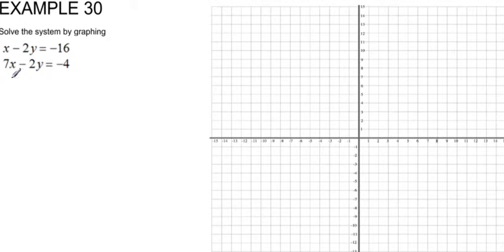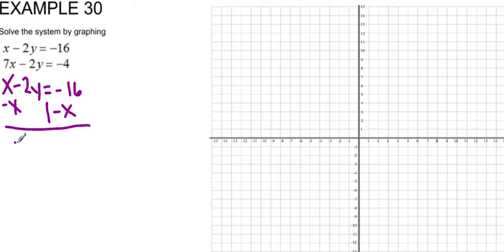So starting with x minus 2y equals negative 16, I'm going to solve for y. So I subtract x on both sides of the equal sign. On the left side I have negative 2y equals, and then on the right side I have negative x minus 16.